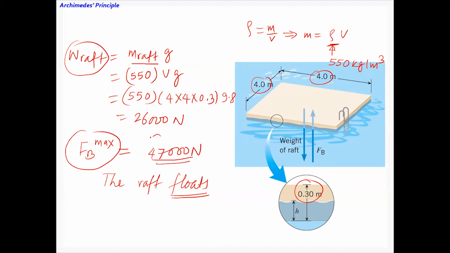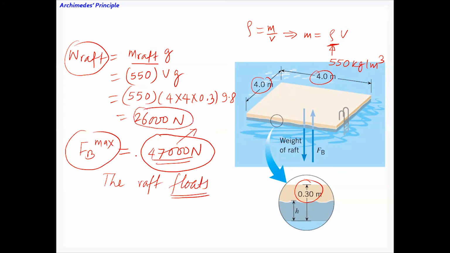This is the maximum buoyant force that the fluid could possibly offer to the raft, but it doesn't have to offer this much buoyant force. The buoyant force that is required to support the raft is this much only.